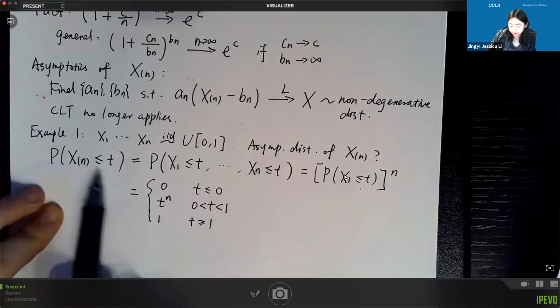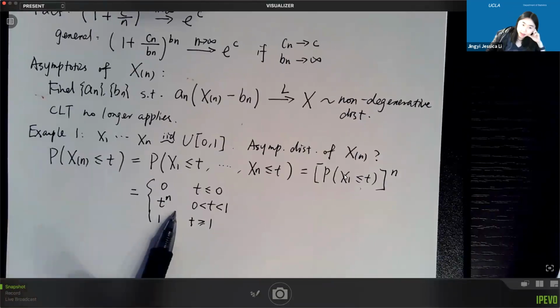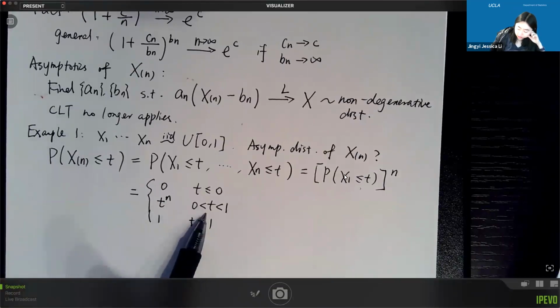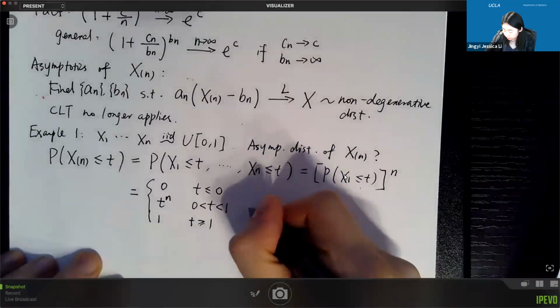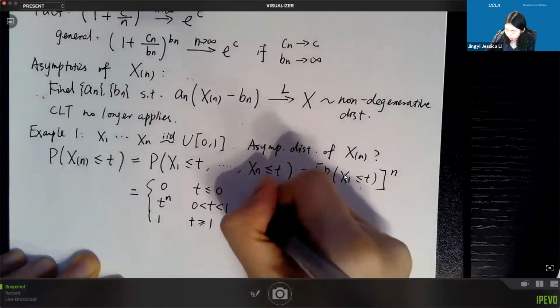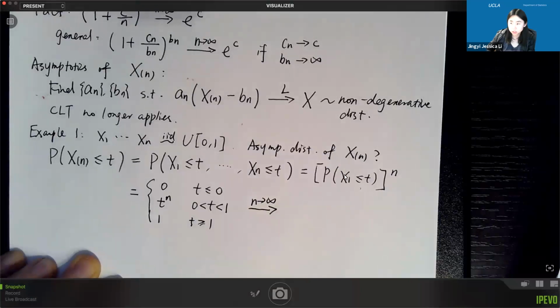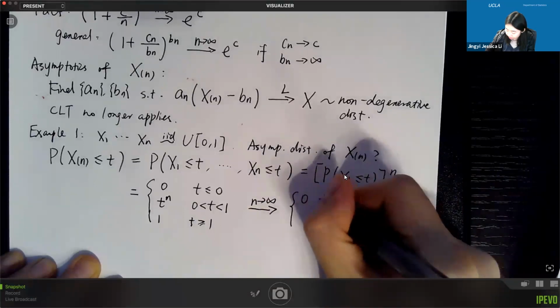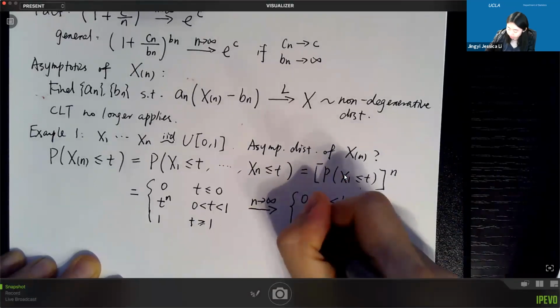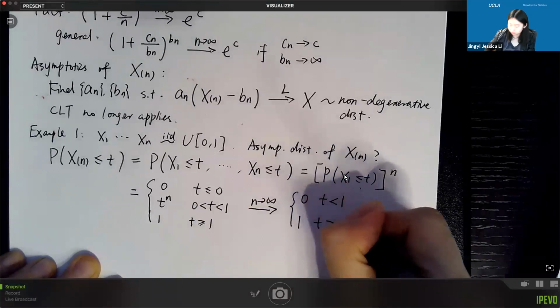And now let's see what happens when n goes to infinity. Because t is less or equal than 1, you can see that this CDF, as n goes to infinity, is going to converge to 0 if t is less than 1, and 1 if t is greater or equal than 1.